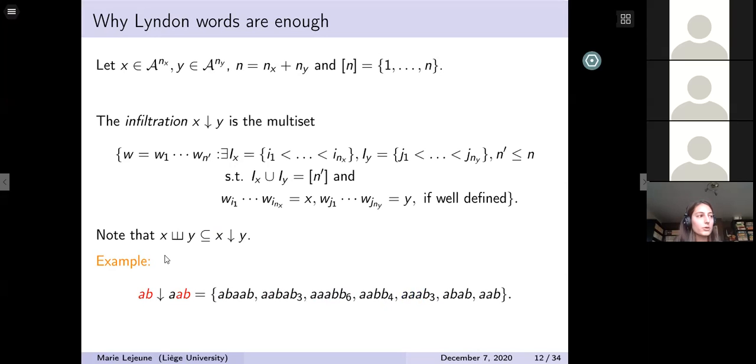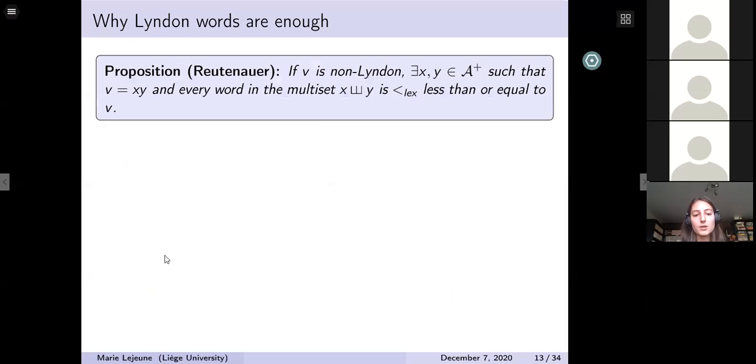And I can also merge more than just one letter. I can merge AB with AB, and I obtain the word AAB. So these two definitions, the shuffle and the infiltration, are useful to understand why knowing binomial coefficients of Lyndon words is enough. So let's look at this small result.